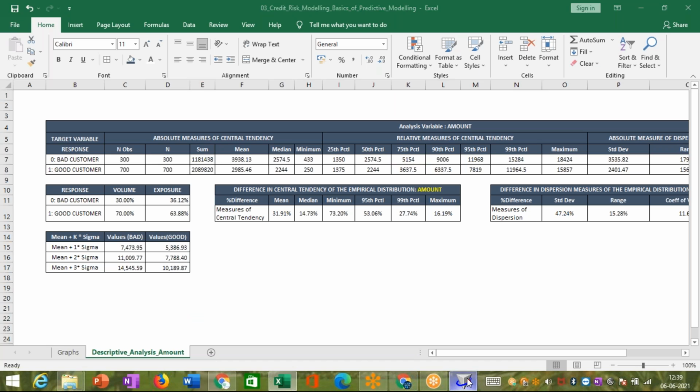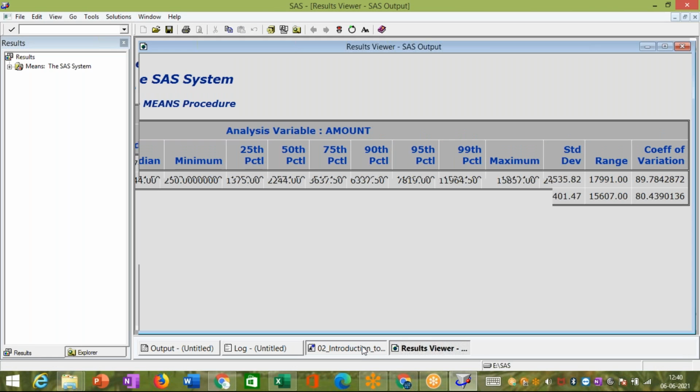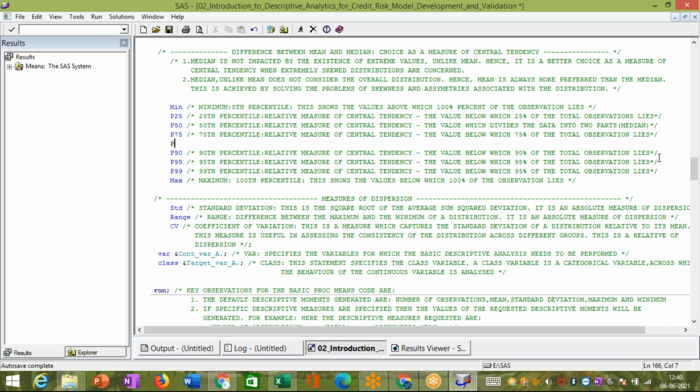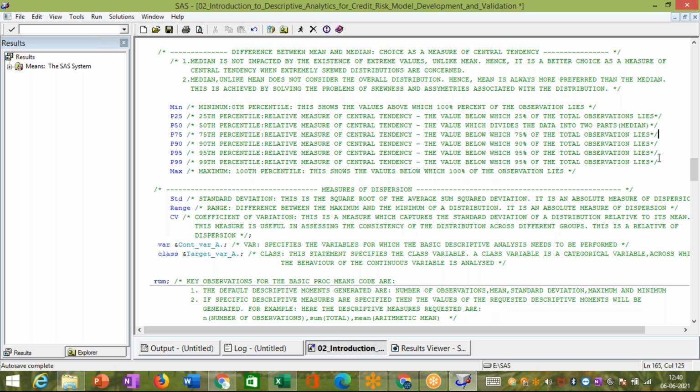So if I just change the order of this output over here, so let's say I have T75. So let me write T. No, I cannot generate the intermittent percentiles over here using this.